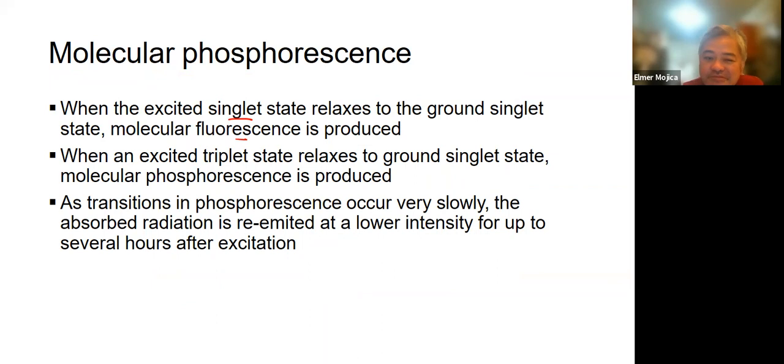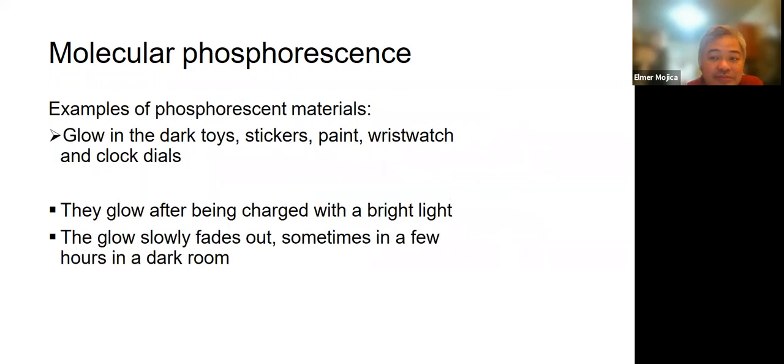Now, the transition in phosphorescence is very slow compared with fluorescence. Usually the absorbed radiation is re-emitted at a lower intensity for up to several hours after excitation. So I think that's what makes it not so popular, because it has a longer lifetime. So hindi rapid yung analysis.